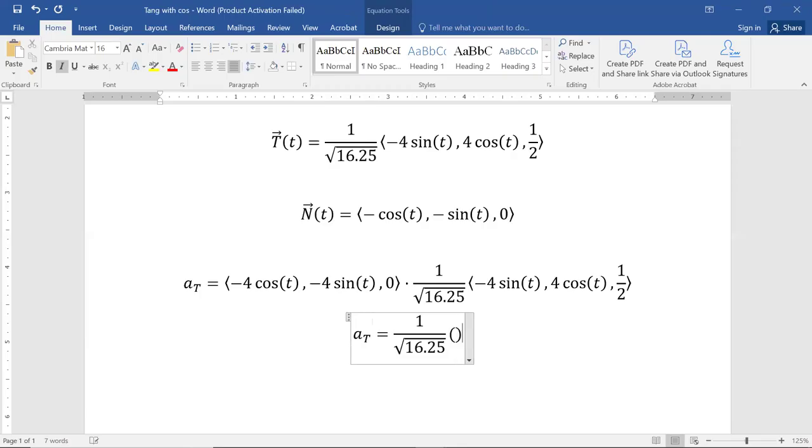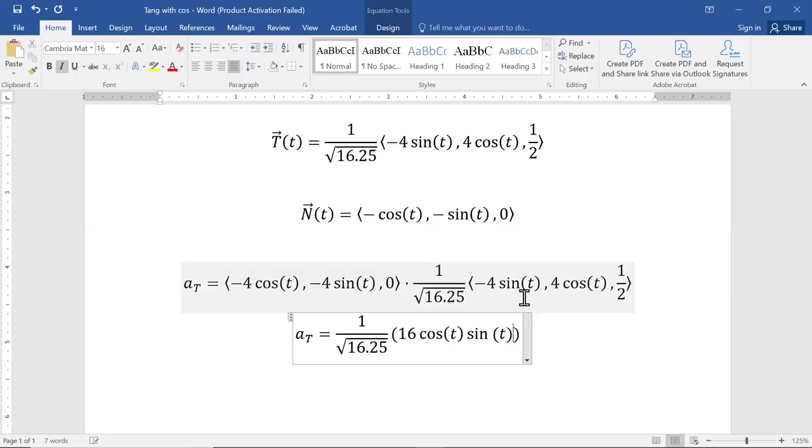When I do a dot product, remember how dot products work. I'm going to take -4 cosine times -4 sine. That's going to give me 16 cosine times sine plus -4 sine times +4 cosine.